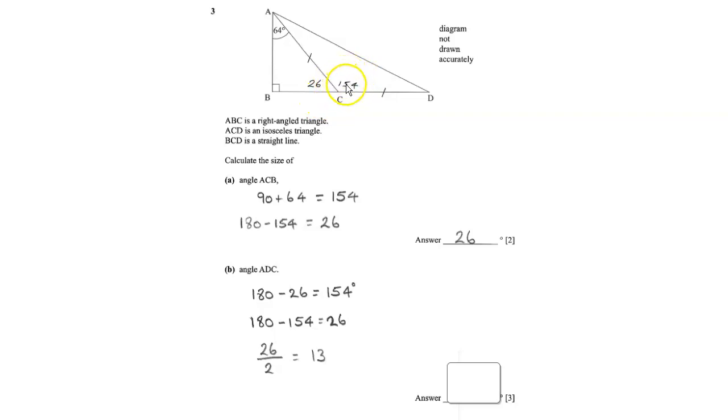We get this first, which is 154 for that one. Next we do 180 take away 154, which is 26, and that is because the triangle adds up to 180. Because it's an isosceles triangle, we divide 26 by 2. We split that angle up equally, which means that both these angles would be 13, which means that angle D would be 13 also.